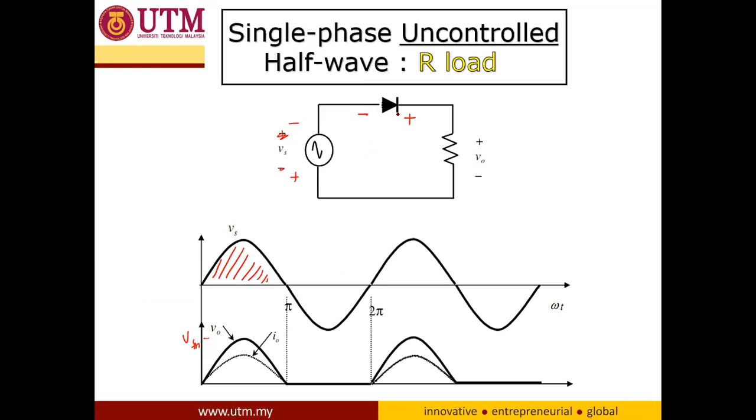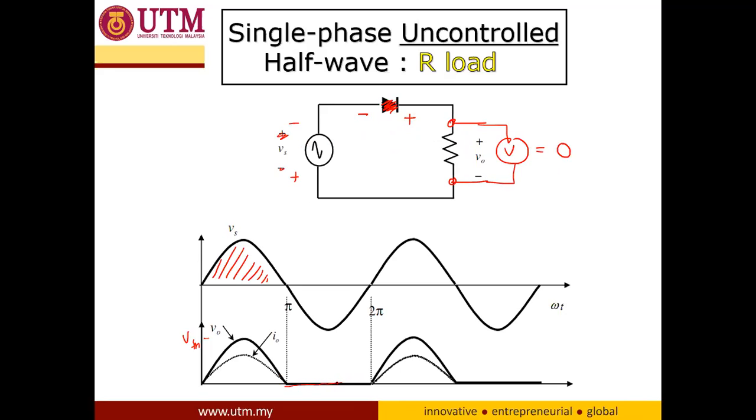This means that the diode is in reverse bias, so the diode will turn off. When the diode is turned off, there's no connection between the output and input, so the reading of the voltmeter is 0. That's why we have a 0 output voltage here.